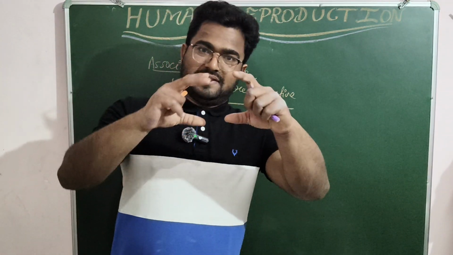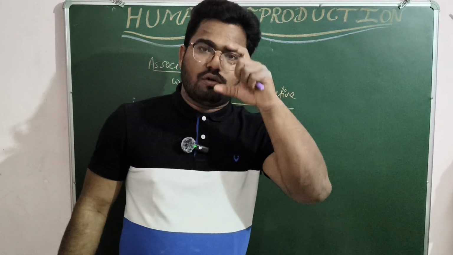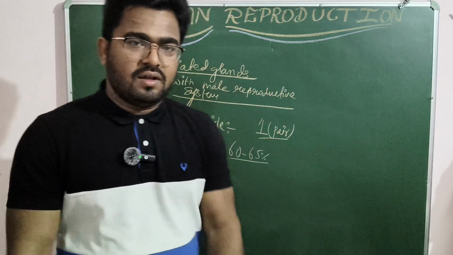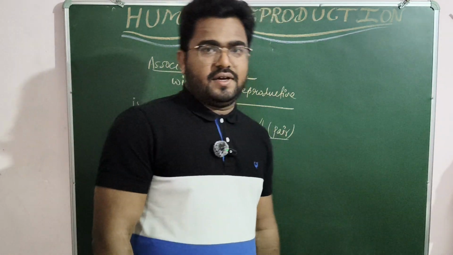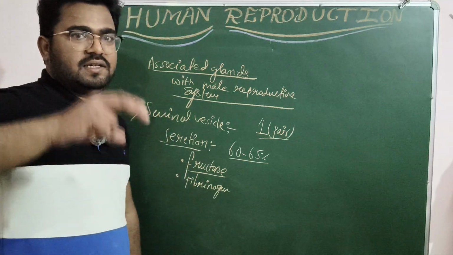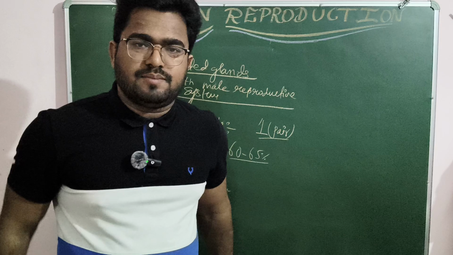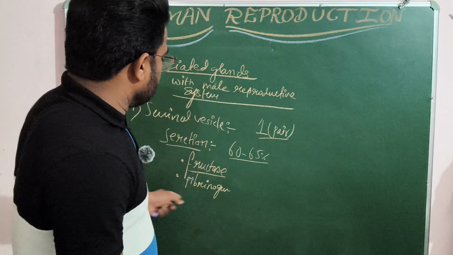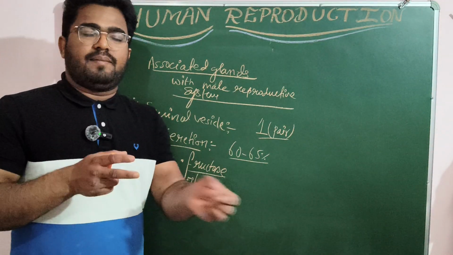Spermatozoa have mitochondria, because spermatozoa are also cells. They have a spiral of mitochondria in the middle piece. You are going to write the board exam, so I think you are aware of that. That spiral of mitochondria in the middle piece requires a substrate, so this fructose is the substrate which provides energy to the swimming spermatozoa.